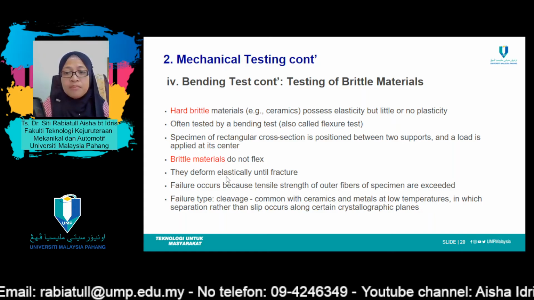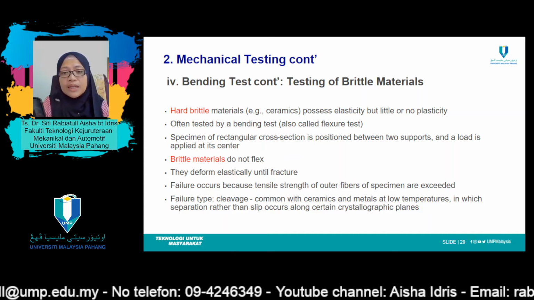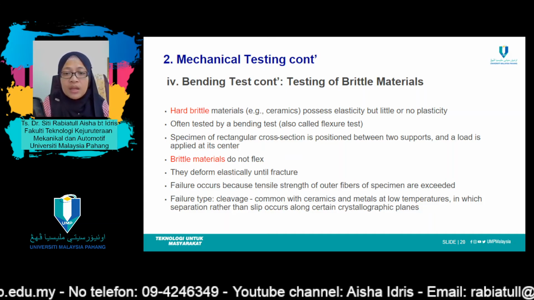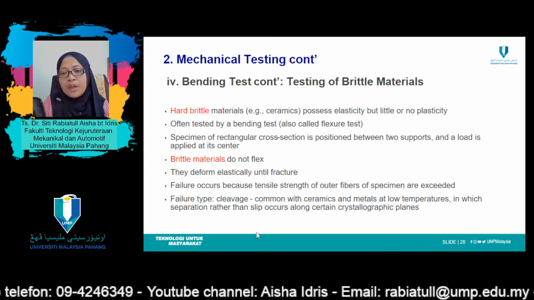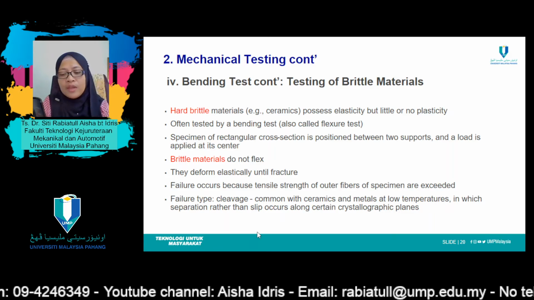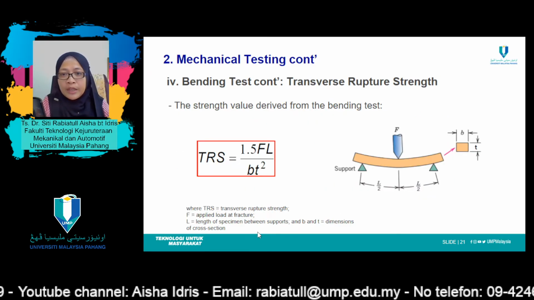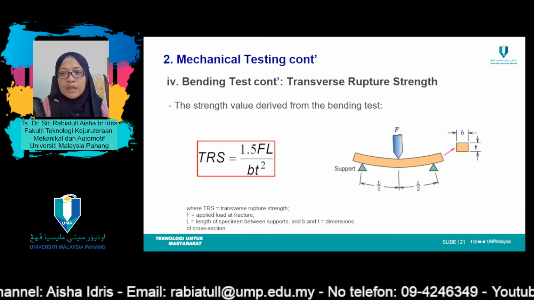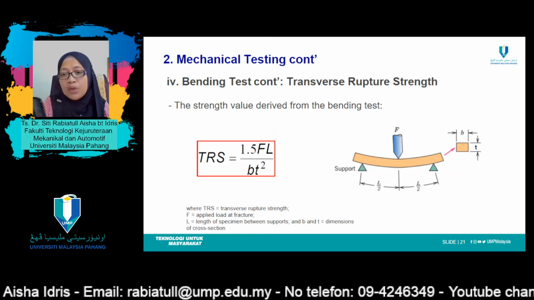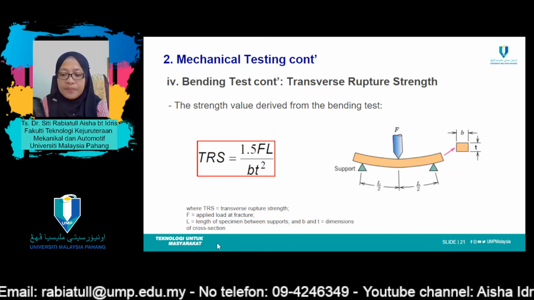They deform elastically until fracture, so there is no elongation for brittle materials. For the failure type, you may find cleavage at the surface texture of the specimen itself. And in the bending test, we should be able to derive the strength value from this equation.